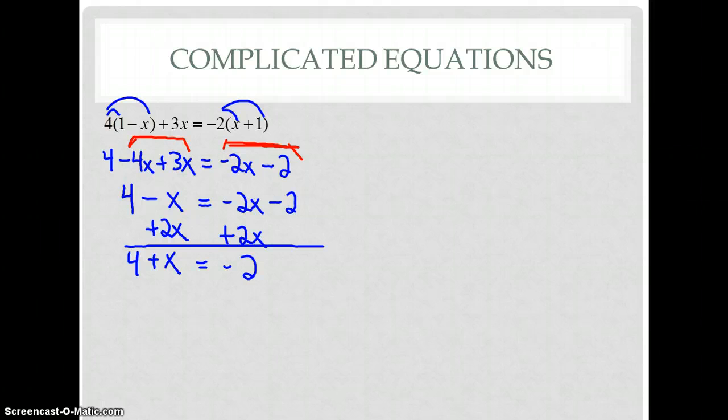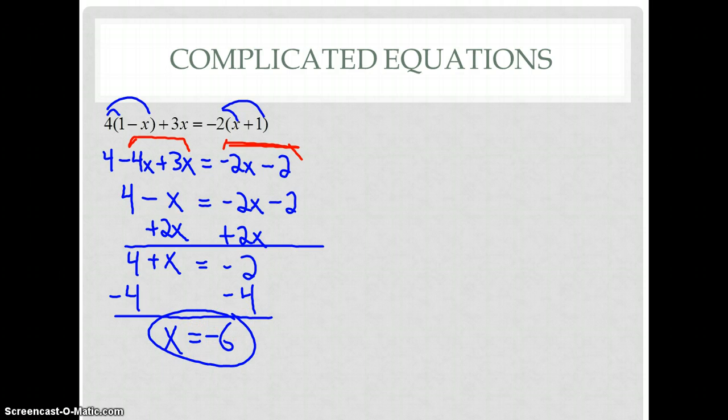From here, I have positive 4. That means I need to subtract 4 from both sides. Cancels that out on the left and leaves me just with x is equal to negative 6. Again, once we distribute and combine like terms, this problem becomes the same as all the other ones that we have been working with right now.